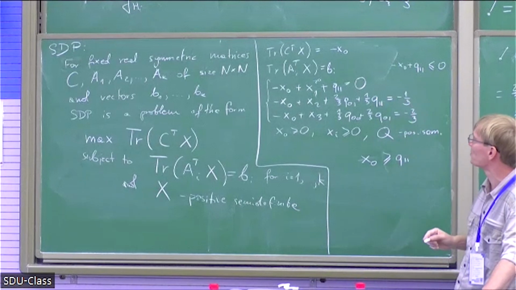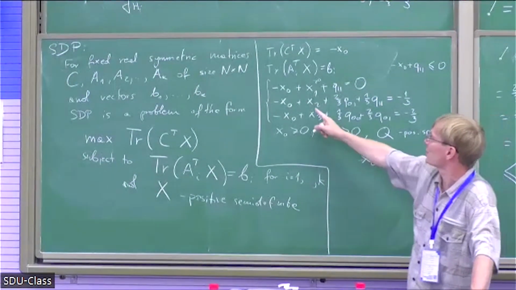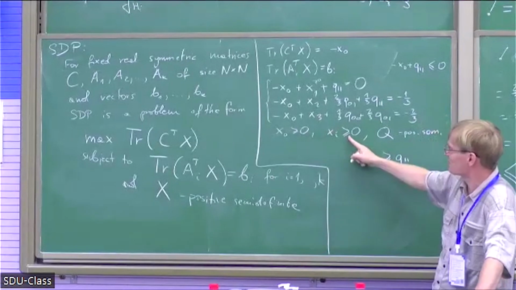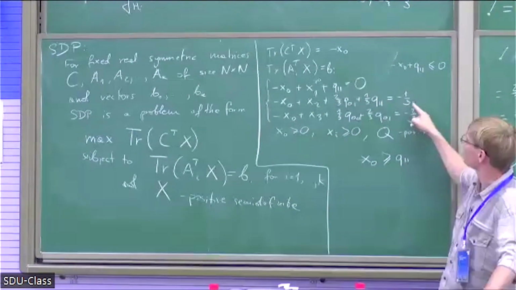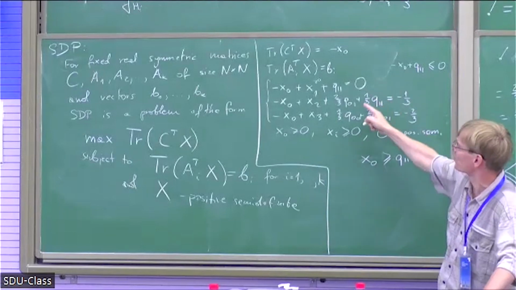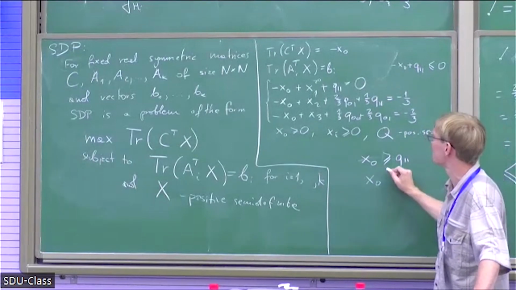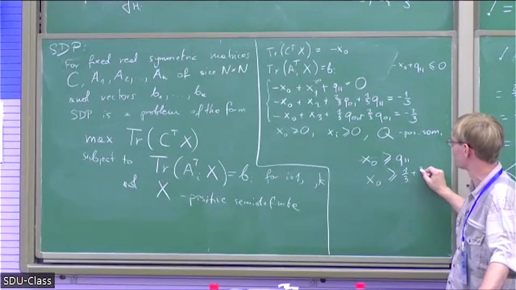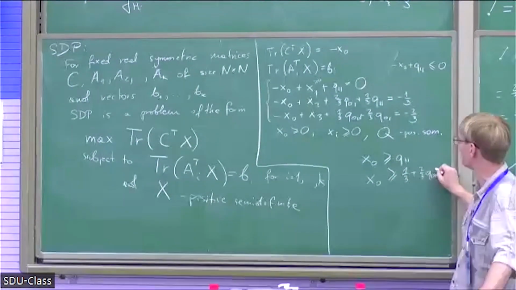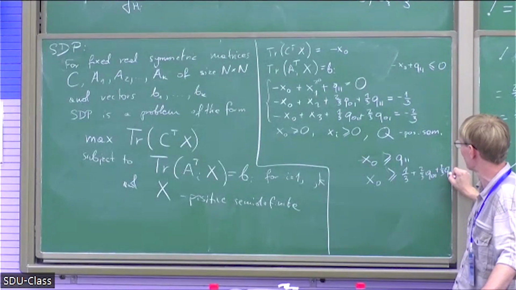From the second inequality, if I use x2 is at least 0, in a similar way, by moving x0 to the other side and moving -1/3 here, I get x0 is at least 1/3 plus 2/3 and so on.